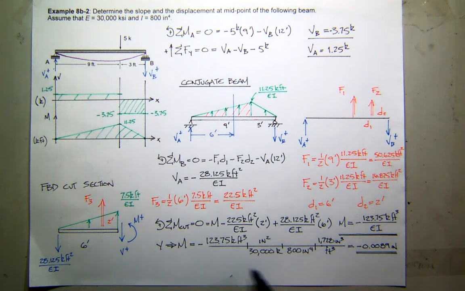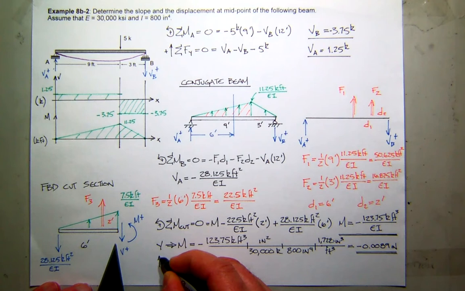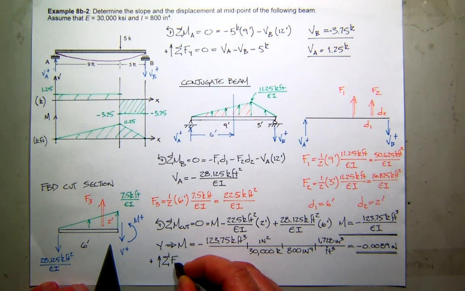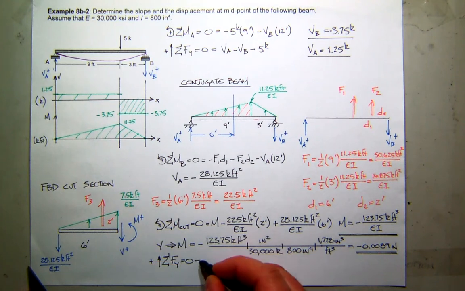I barely have enough room to do the shear, but we'll squeeze it in, see if I can make it fit. So we'll go ahead and sum the forces in the y direction, and that should give me the shear. So I'm going to assume up is positive, so my shear is down, minus the shear.